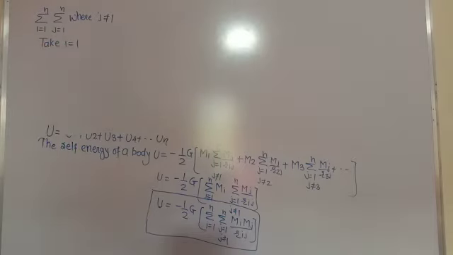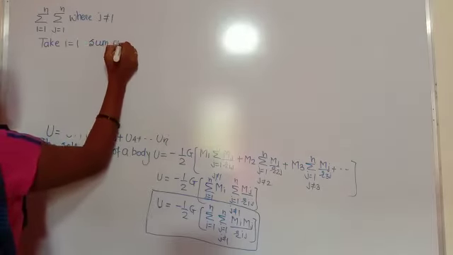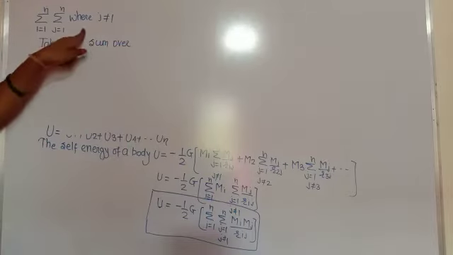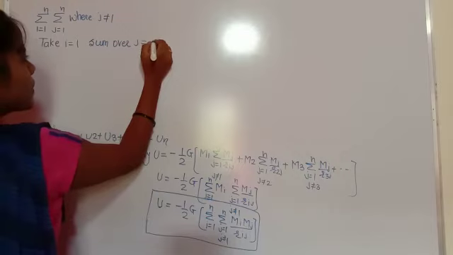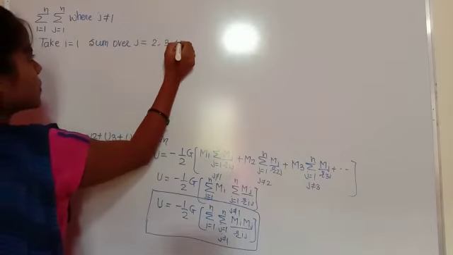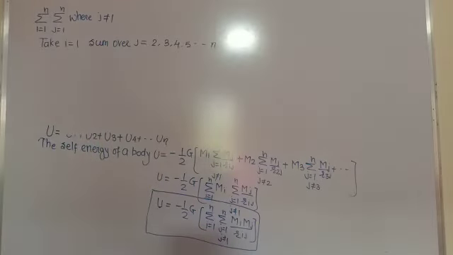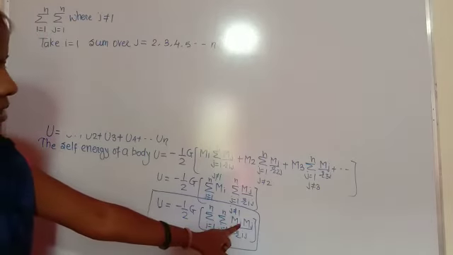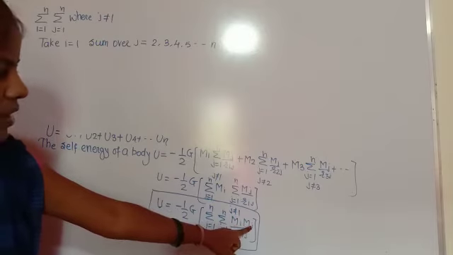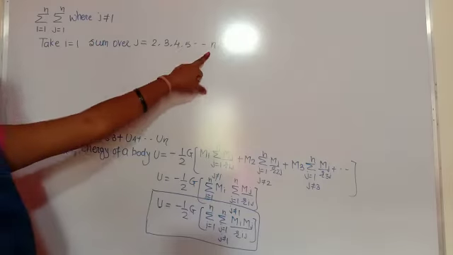If we take i equals 1 and sum over j not equal to 1, that is j equals 2, 3, 4, 5 up to n. Here, if i equals 1, then the remaining terms are j equals 2, 3, 4, 5 and up to n.